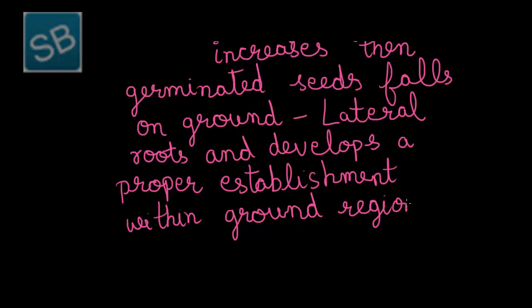In this manner, a young sapling of the plant develops, whose germination initially begins within the fruit that is attached to the parent plant, but later on it develops as a young sapling in a separate manner.